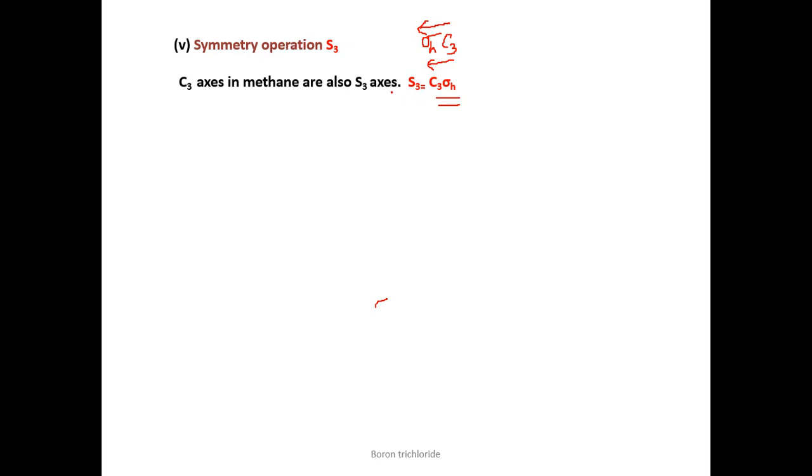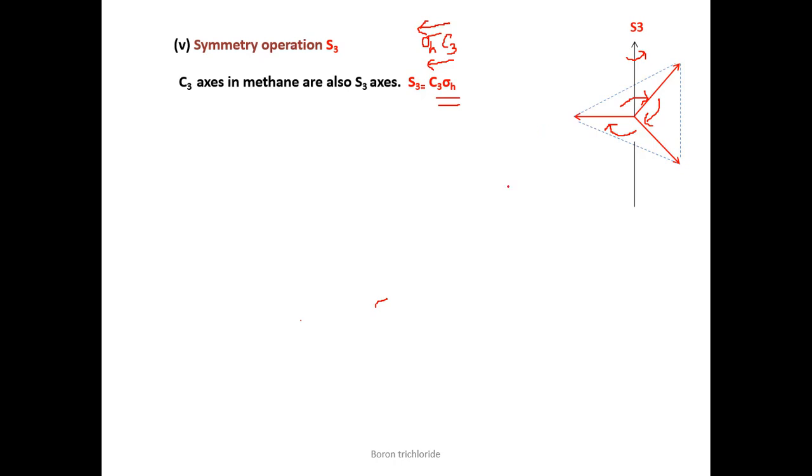Now when you perform C3 operation, this will be shifted here, this will be shifted here, this will be shifted here, and all the atoms are getting shifted during C3 operation itself.